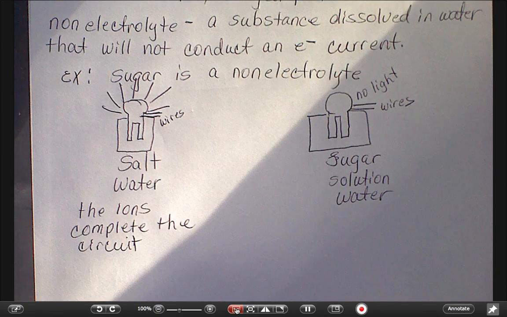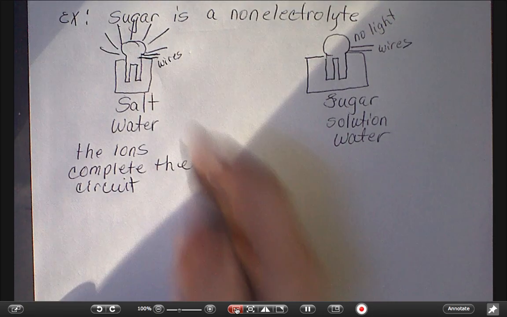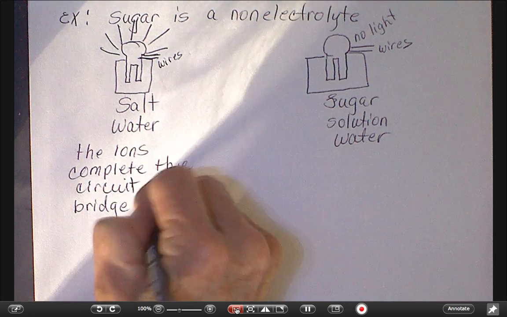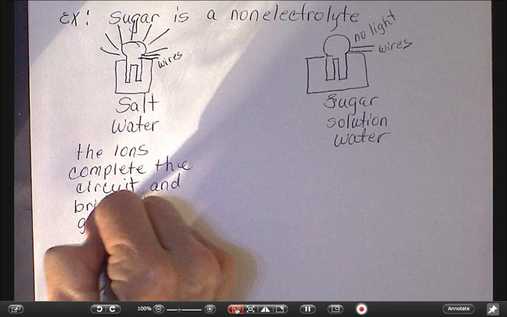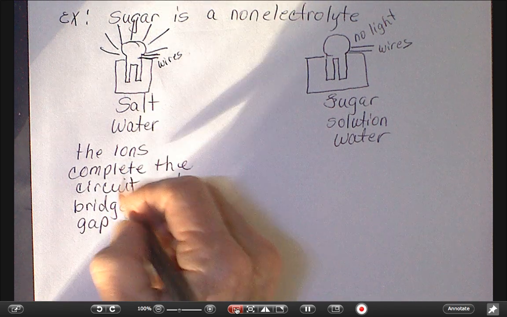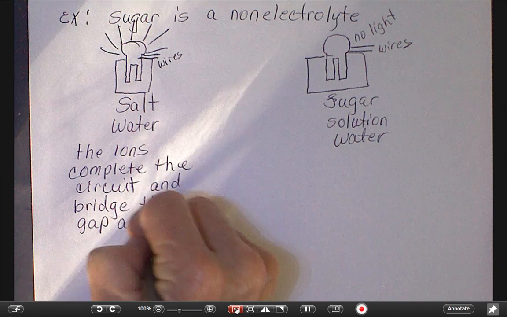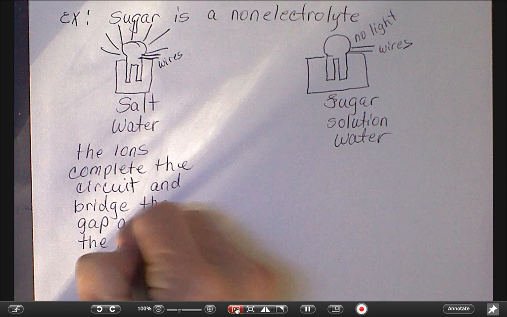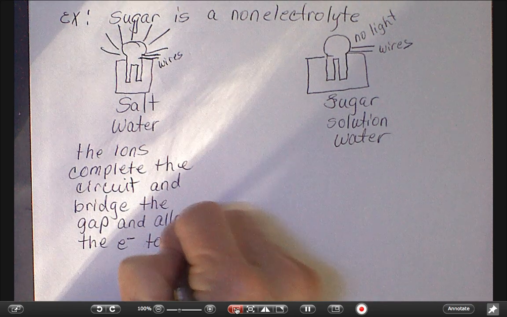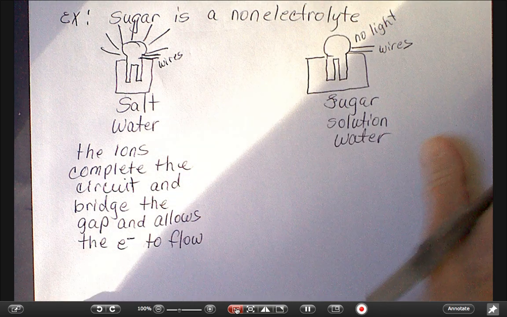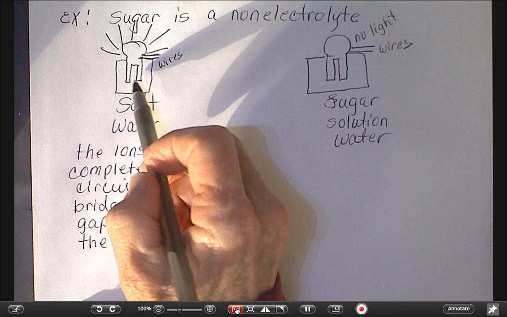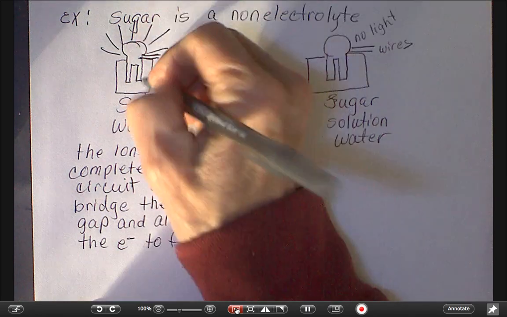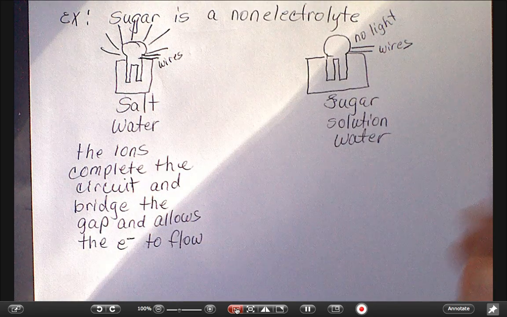Okay? And bridge the gap and allows the electricity to flow. Okay, here's your gap. Everybody see that gap? It's the ions that bridge the gap and allow the electricity to flow from one electrode up into the other.